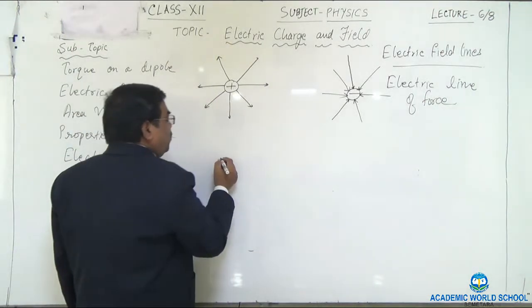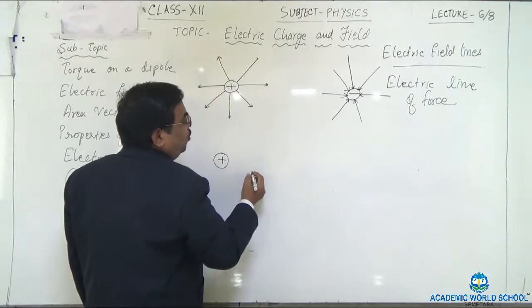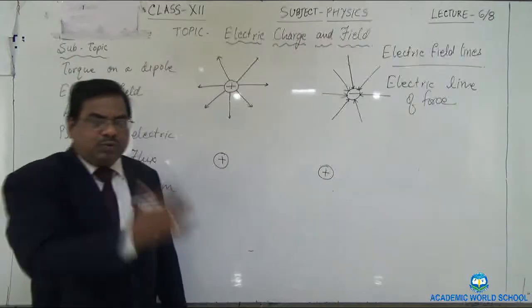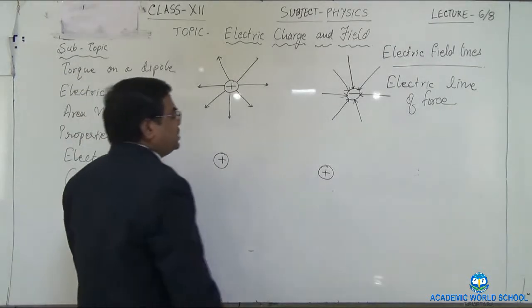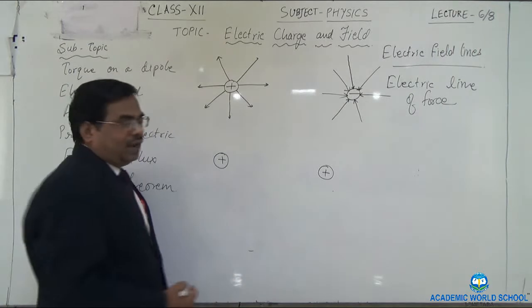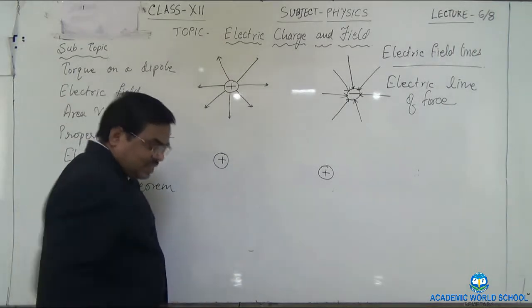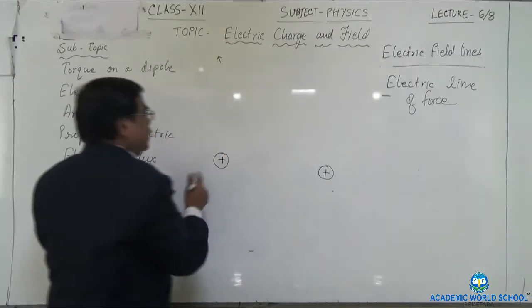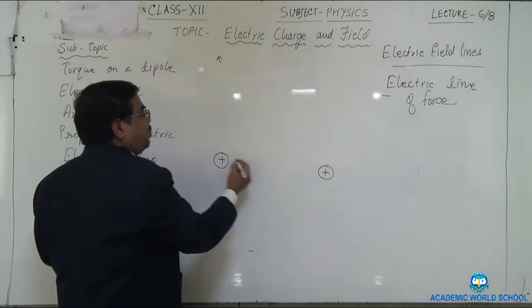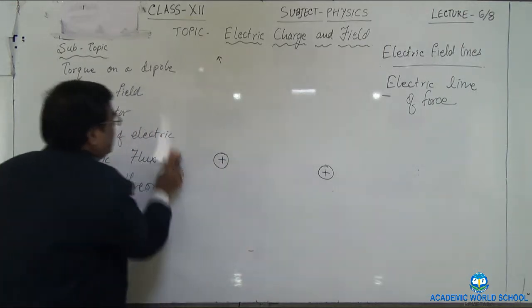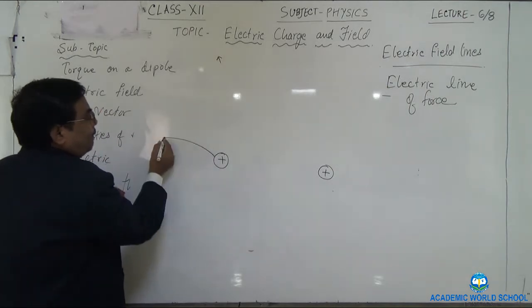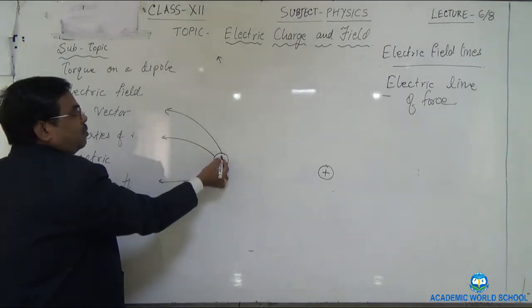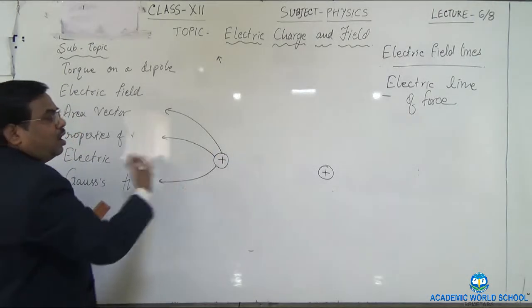Then there can be one positive and one more positive. If two similar charges are kept close to each other, then what kind of electric field line is possible? In this case, the electric field lines will be like this. They will be repelled by each other. On this side they emerge perpendicular, but later on they are pushed back.